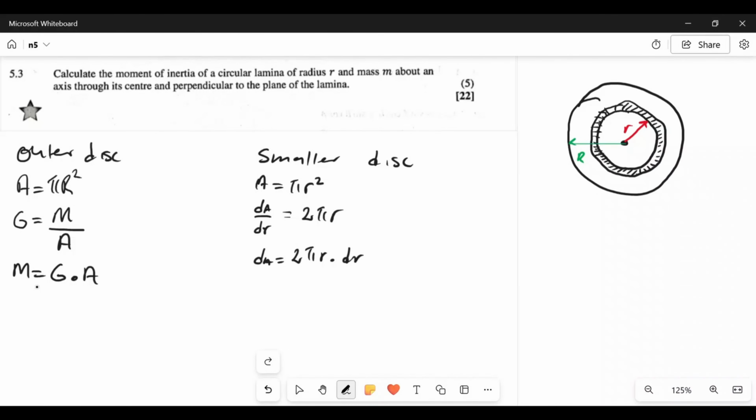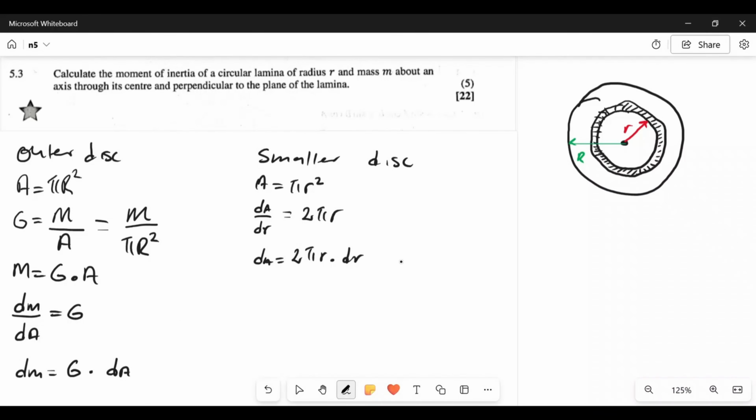There we go. From here, we're going to find the change in mass. So it's going to be dm over dA, and this is going to give us the density, right? If we make dm the subject of the formula, it's going to be density multiplied by the change in area. Before we continue, we can also equate this density with mass over pi big R squared.